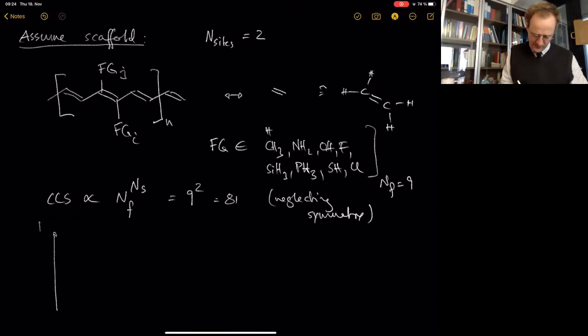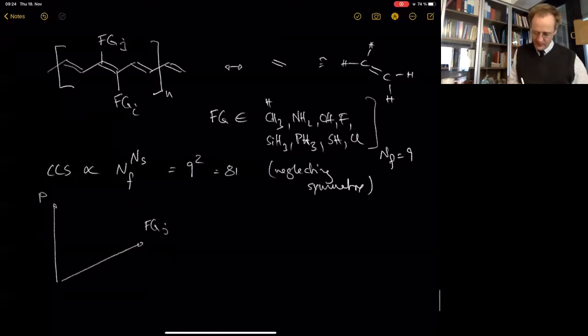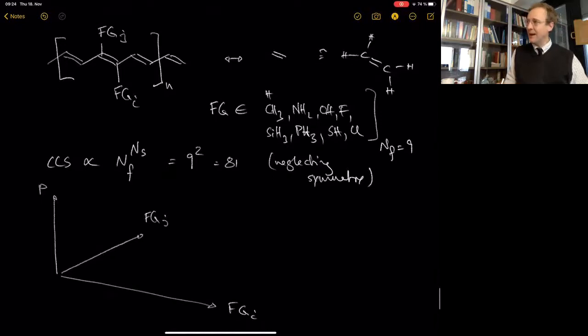So imagine some property. And this is the functional group at site J. And this is the functional group at site I. Right? And now suppose it is symmetric, right?